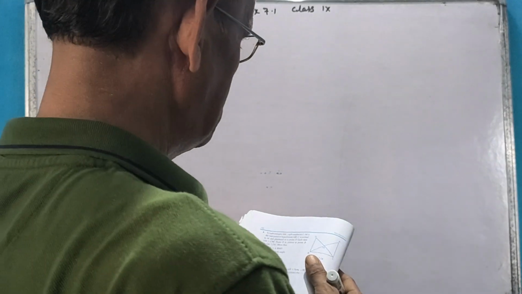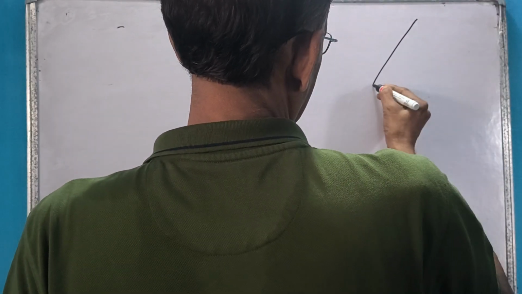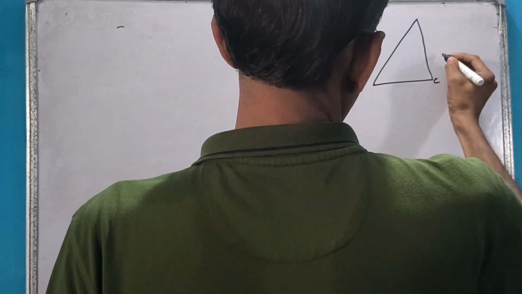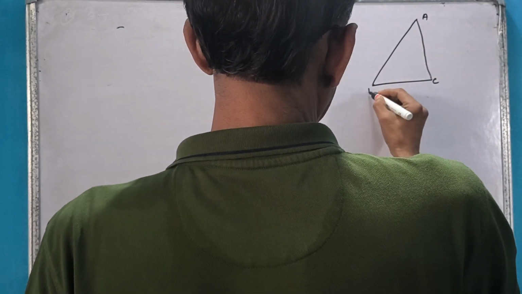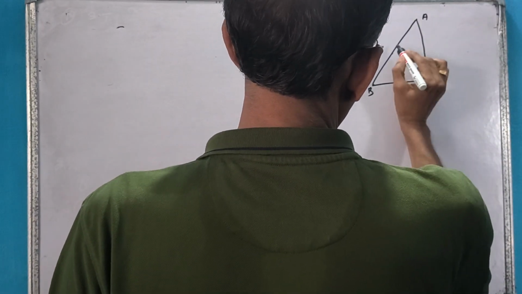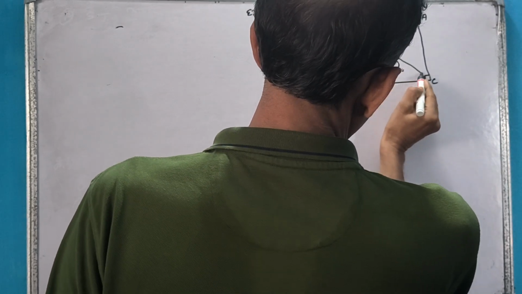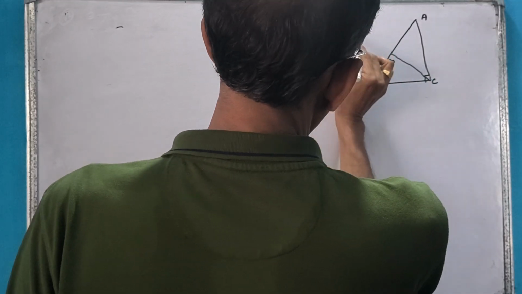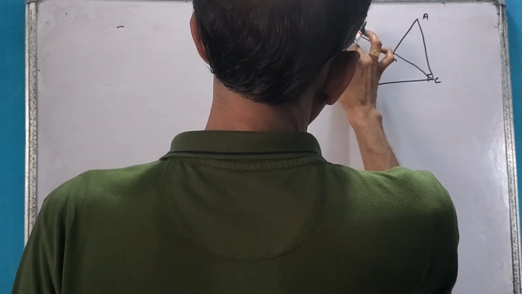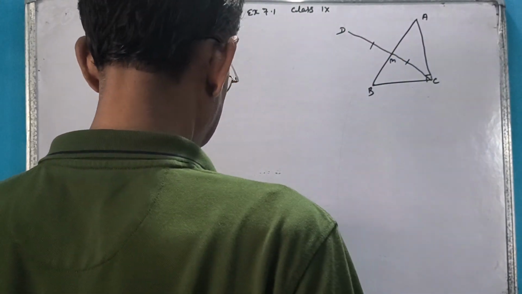What is given? ABC is a right triangle, angle C is the right angle. So draw right angle triangle ABC with angle C as the right angle. This is C, this is A, this is B. M is the midpoint of AB, and C and M are joined, and they are saying produce CM to D such that CM equals DM.